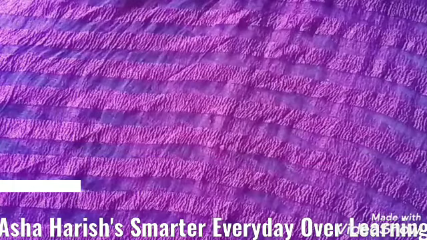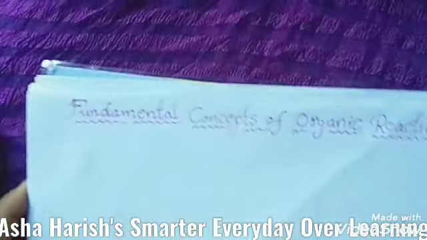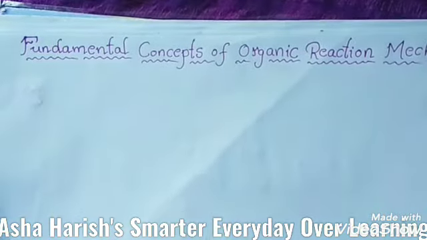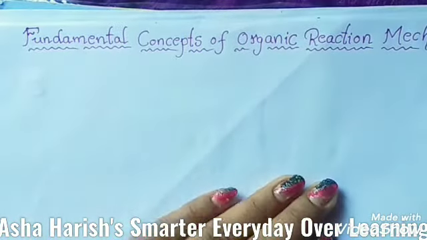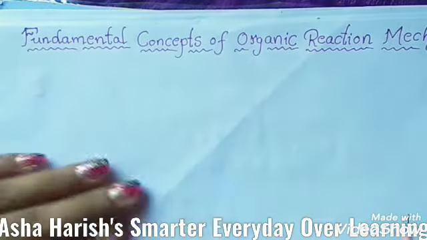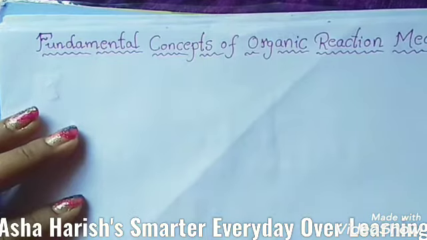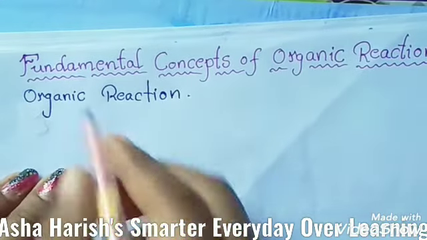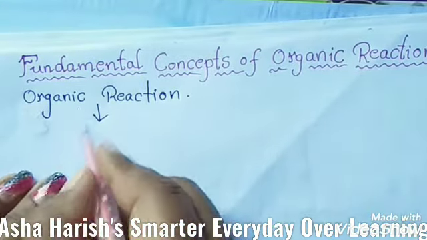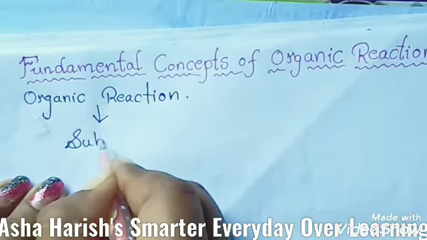Right, let's start today's session, electronic displacement in a covalent bond, from the subtopic fundamental concepts of organic reaction mechanism. Okay students, in an organic reaction, the organic compound is called a substrate.